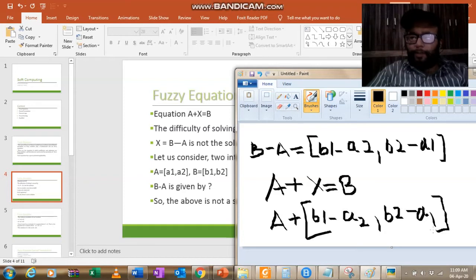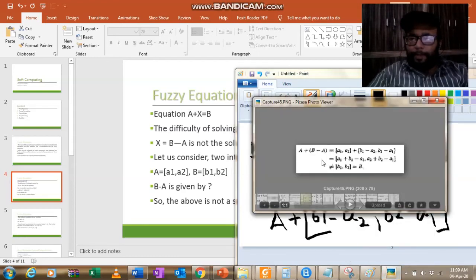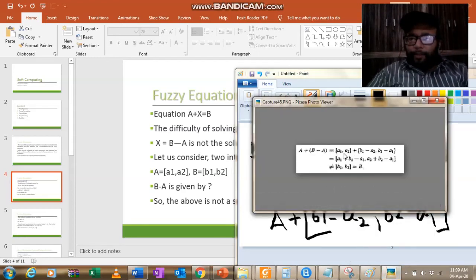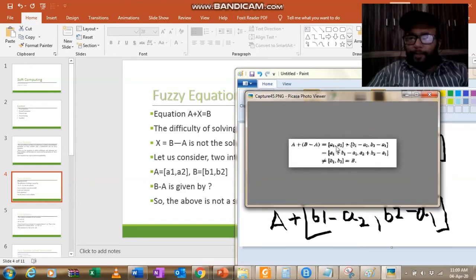Further, how will we solve this? This a is also a1, a2. See here, this is b1 minus a2 and b2 minus a1, and this is also a1, a2. If we take it all together, a1 plus b1 minus a2 and a2 plus b2 minus a1, it is not equal to b1, b2 until when? Until a1 is not equal to a2.